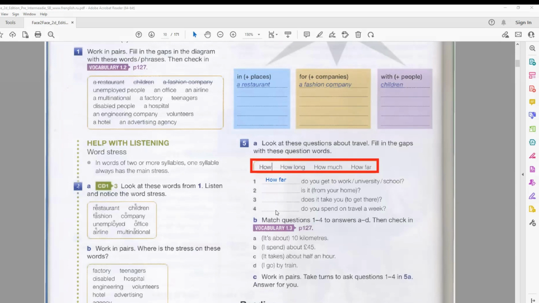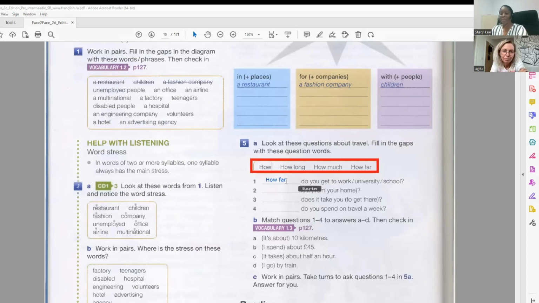No. How do you get to work? Okay. Take your time to understand, read it or understand it. You might make a mistake, just correct yourself, okay?